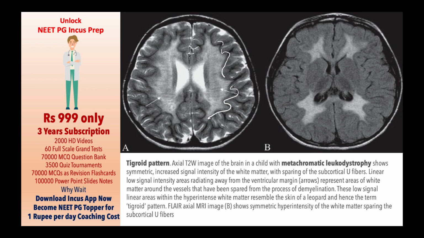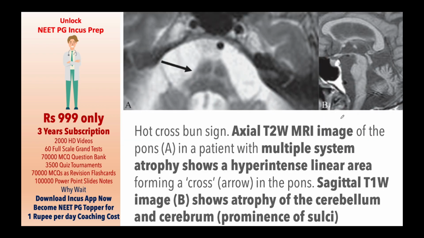Tigroid appearance. Whenever metachromatic leukodystrophy is there, then there is an increased signal intensity of the white matter with the sparing of the subcortical U fibers. And that typically has got like a leopard skin, tigroid appearance in metachromatic leukodystrophy.